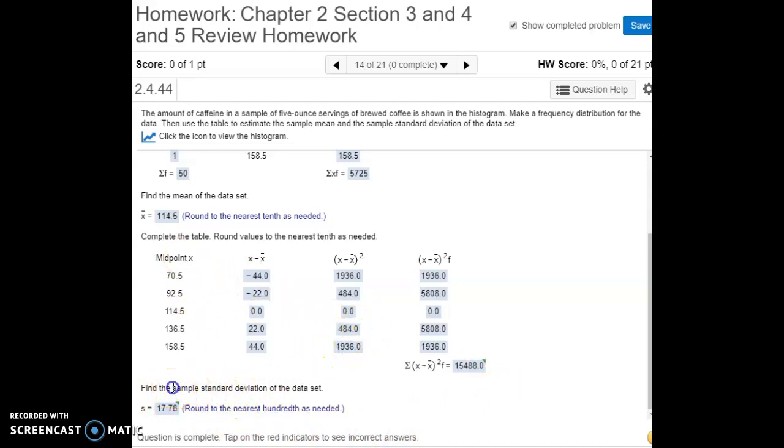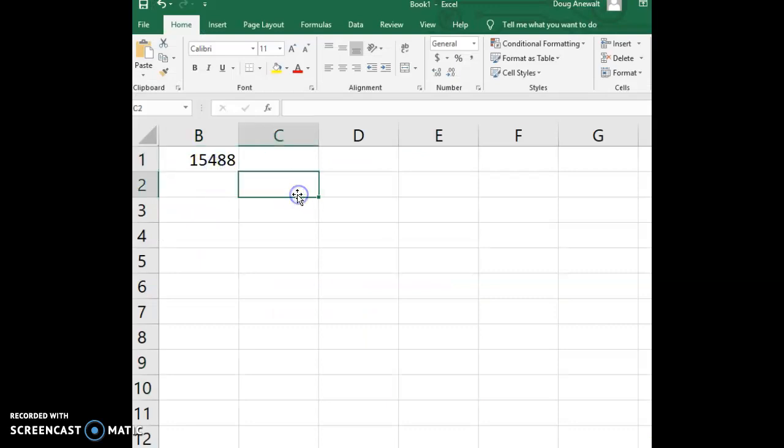And so for a sample standard deviation, we always divide by 1 less than the number in our sample. And so we're taking this value, we're going to divide by 49 because there was a total of 50 data values. So I'll jump over to Excel. You would take that data value, which I have right there, and divide it by 1 less than our sample size, 49.